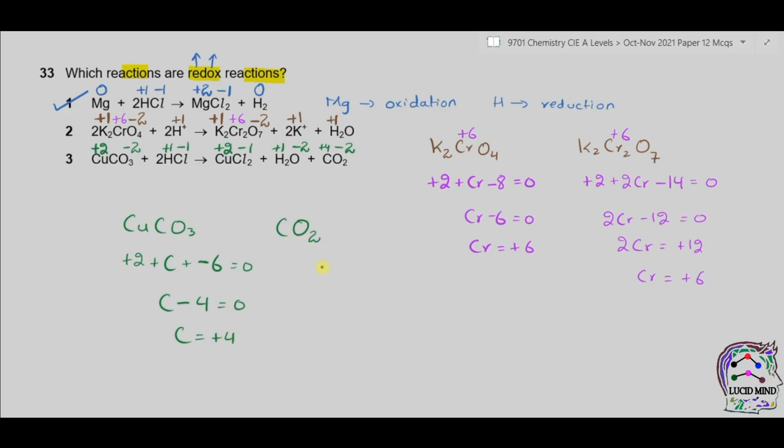Similarly, in carbon dioxide we have 2 oxygen atoms, so carbon minus 4 equals overall charge, which is 0, carbon equals plus 4. So there is no change in oxidation state of carbon. Again, 3 is also not a redox reaction. As only option 1 is correct, therefore answer is D.